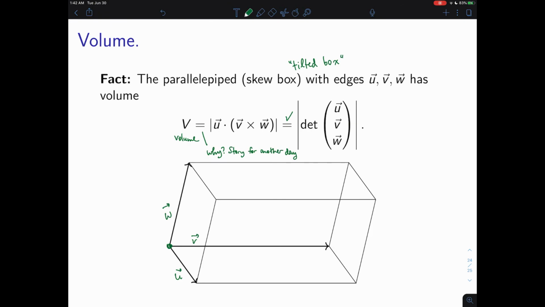Maybe a closing thought. We've got two different ways to multiply vectors. I give you vectors u and v, and I say, what do you get if we do the product of those vectors, u and v? Well, you should ask which kind of product. Do you want u dot v or u cross v?